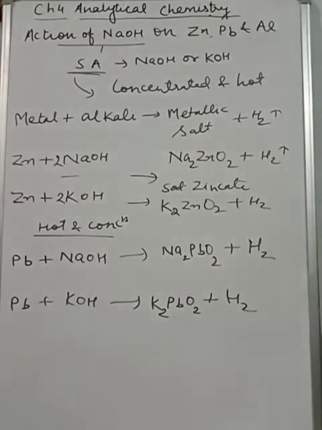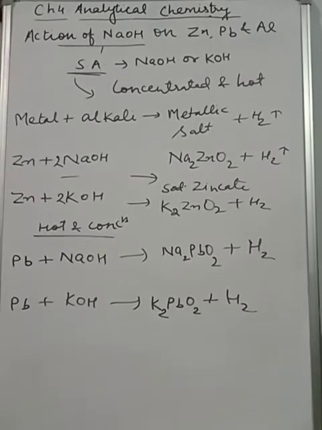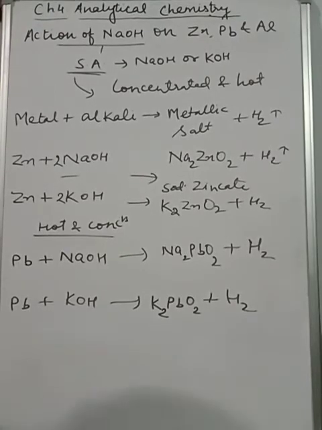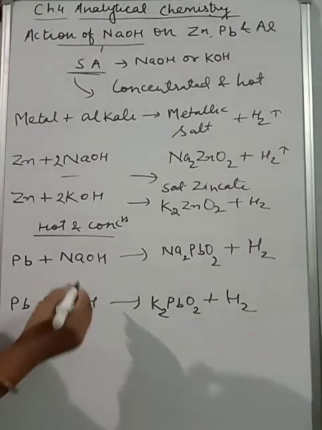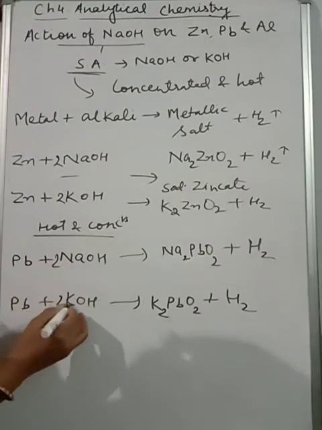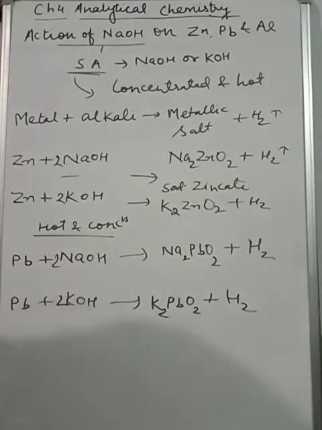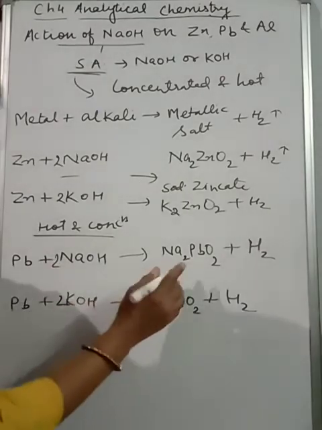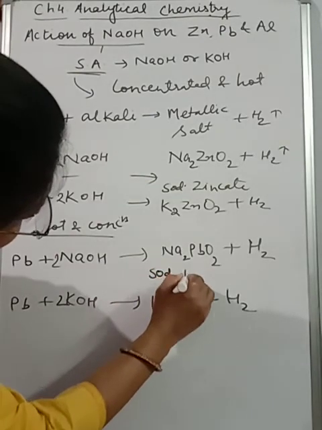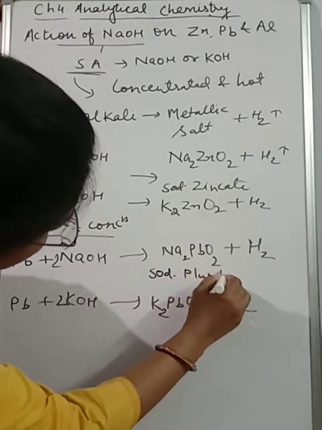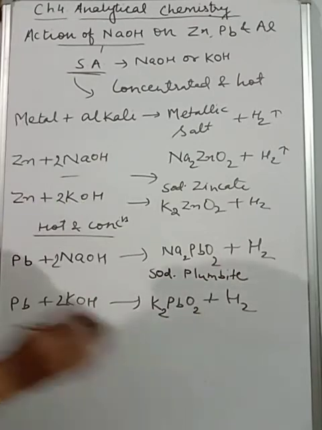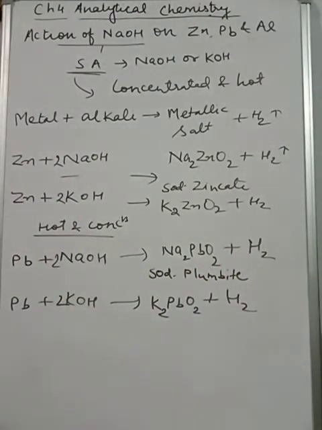Okay children, again I will suggest you always take care of the balancing part. So here you will write 2 and 2. And the name of the salt, as I told you, is sodium plumbite, and this is potassium plumbite. Both are soluble and colorless.